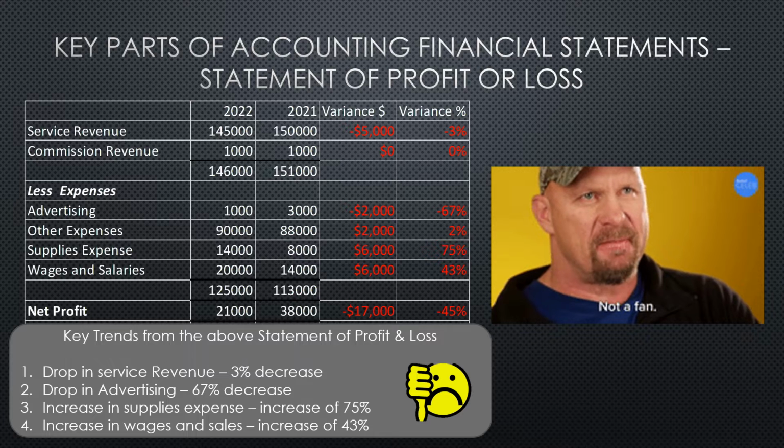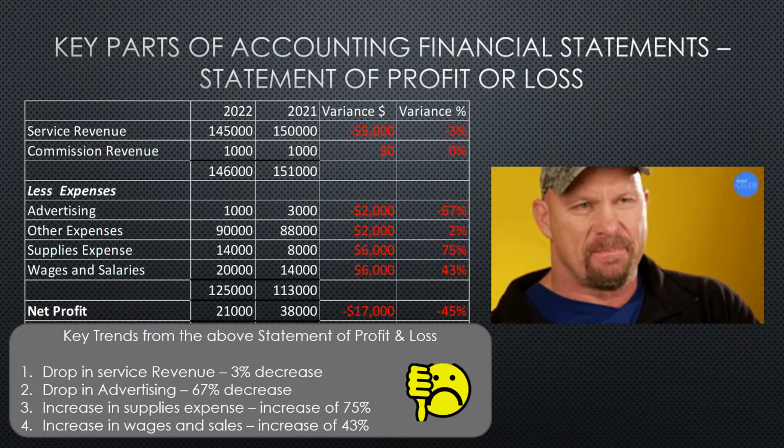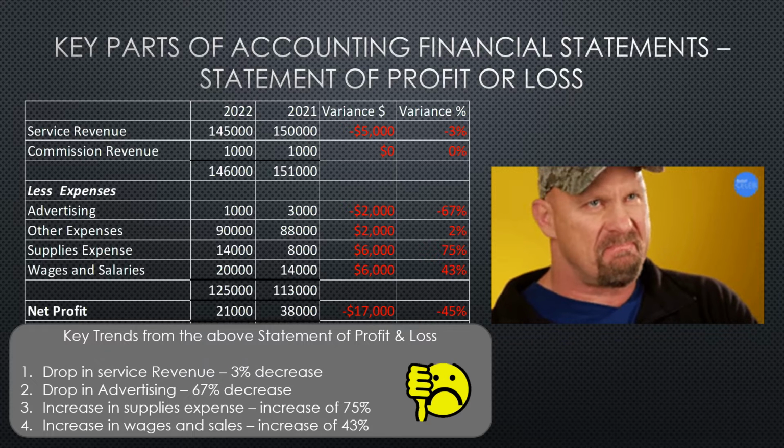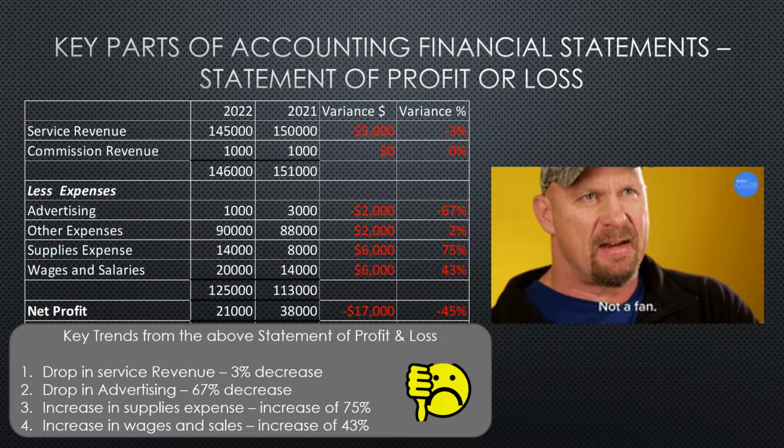Another key account within the statement of profit or loss is advertising. Advertising has a key relationship with your service revenue. If you don't advertise correctly or your advertising goes down, you can expect a negative impact on service revenue, and we can see here that is the case.